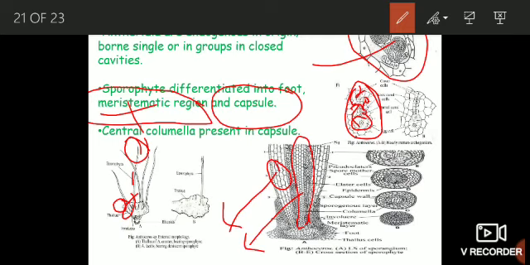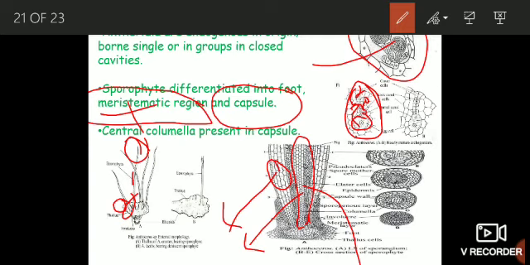And one more feature that you will remember about this group is that in Anthocerotopsida, you have elaters, but these are known as pseudo-elaters because they do not contain thickening bands. Elaters are actually the structures which help in the dispersal of the spores and in the dehiscence of the capsule.